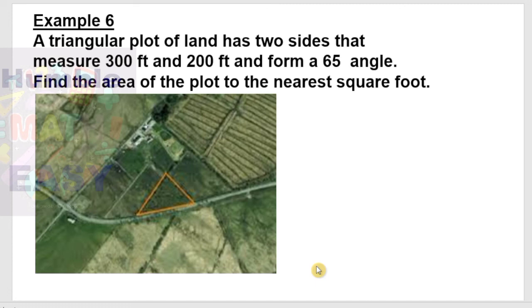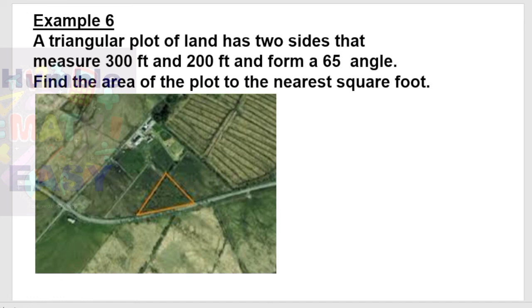What is asked is to find the area of the plot to the nearest square foot. If the given is taken as the nearest square foot, it means we are going to round off to the nearest whole number.